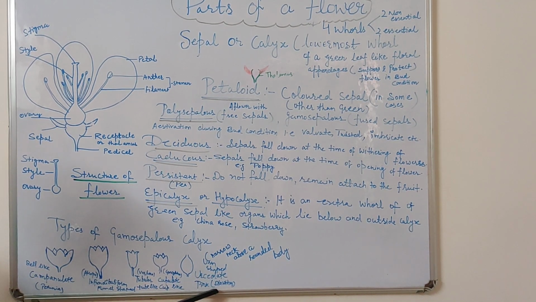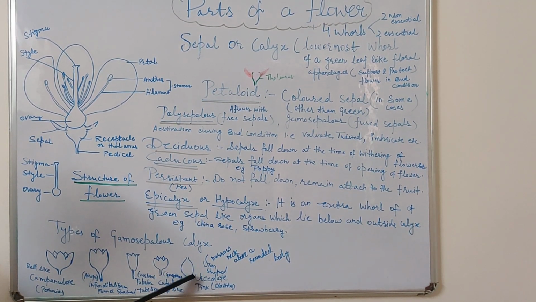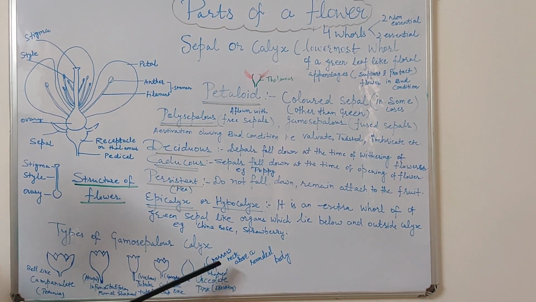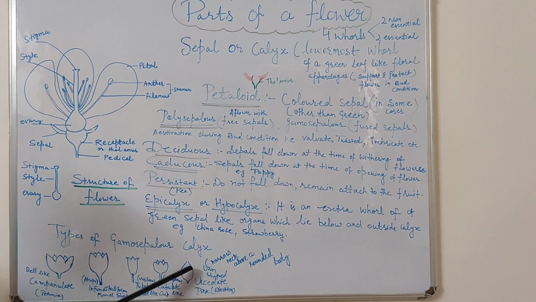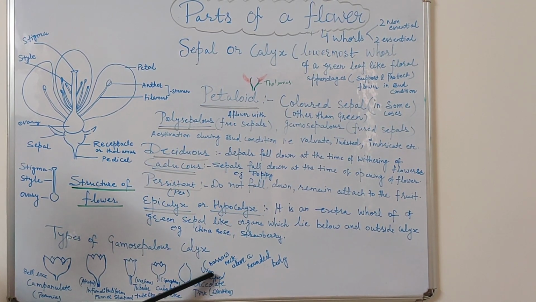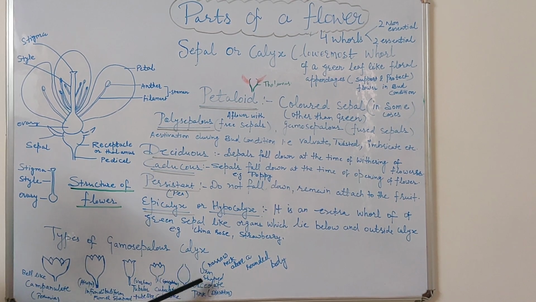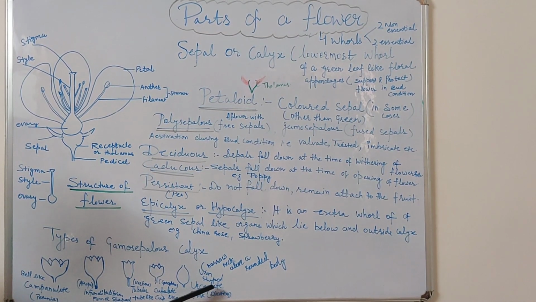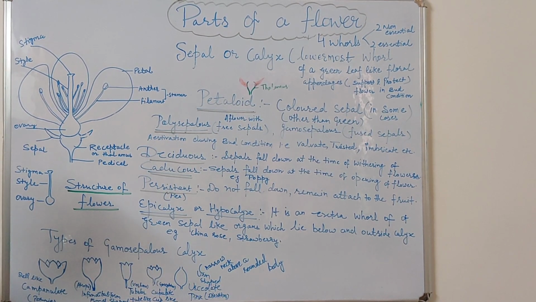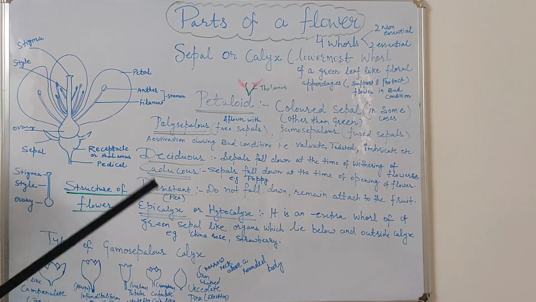It is present in dianthus, when the gamosepalous calyx is urn-shaped. Urn-shaped means a narrow neck above a rounded body. So when the calyx is urn-shaped, we call it urceolate. An example of urceolate is dianthus.